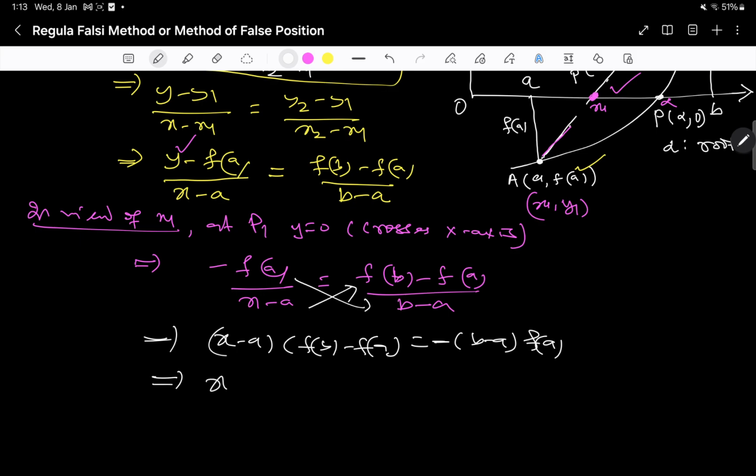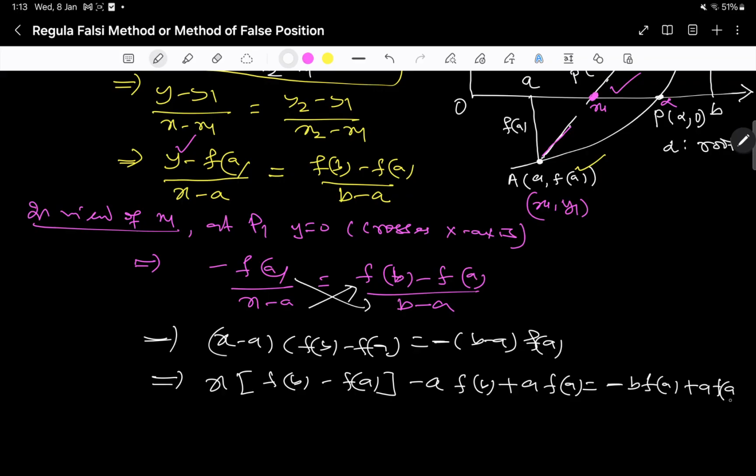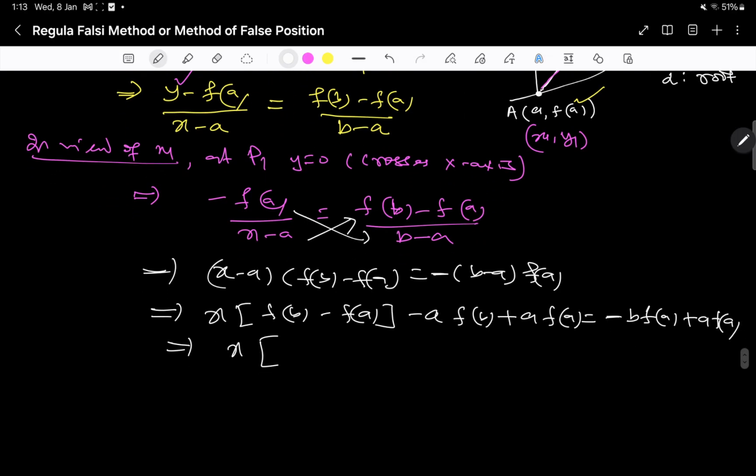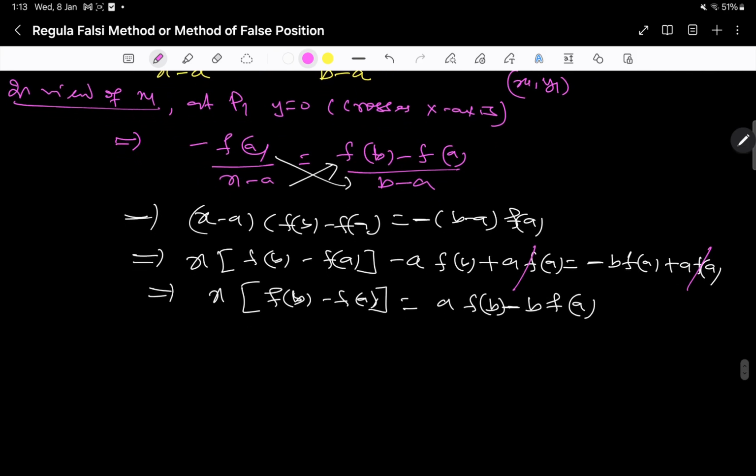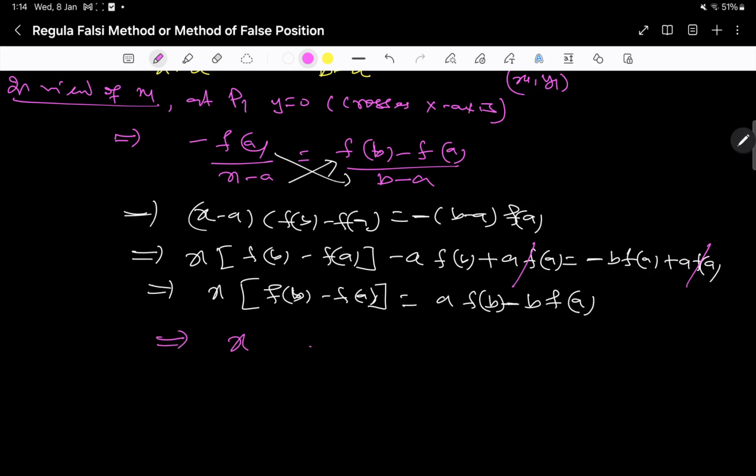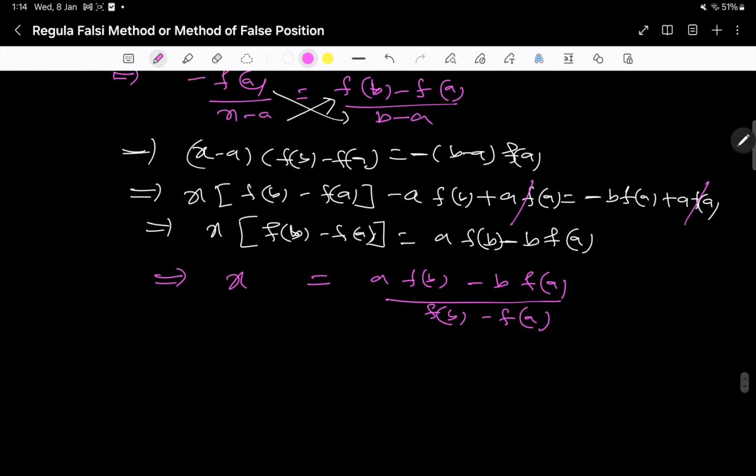If you simplify it, here a x(f(b) - f(a)) - a f(b) + a f(a) on the left-hand side; on the right-hand side it is -b f(a) + a f(a). So simplifying, here this and this cancel. So x(f(b) - f(a)) = a f(b) - b f(a). This implies x = (a f(b) - b f(a))/(f(b) - f(a)). So this is my formula.